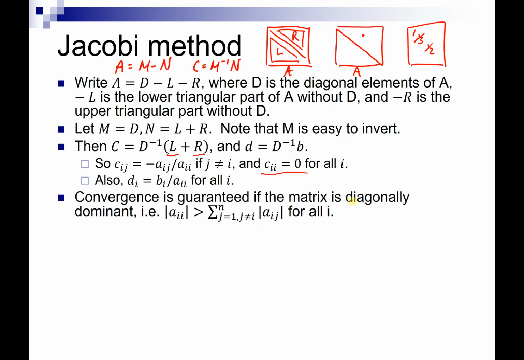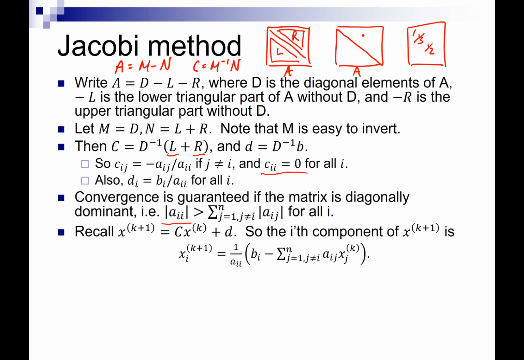In that case, we say the matrix is diagonally dominant. So if the diagonal elements are very large compared to the non-diagonal elements, then the matrix is diagonally dominant, and it's guaranteed that the iterative algorithm will converge.